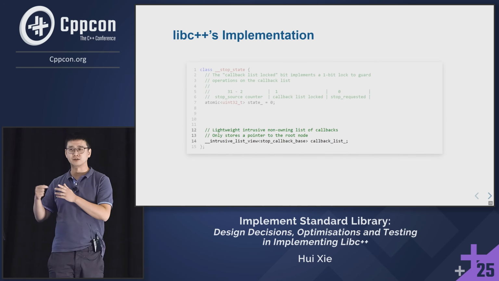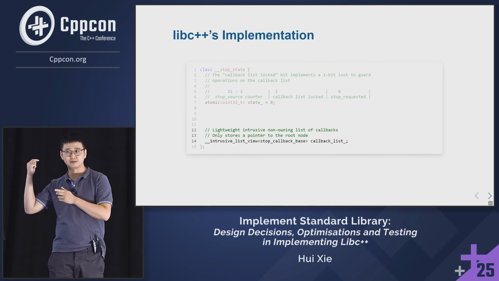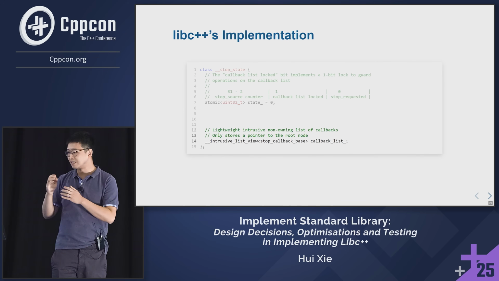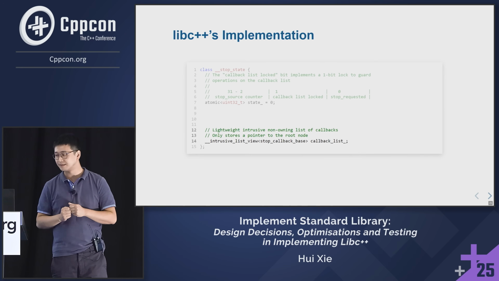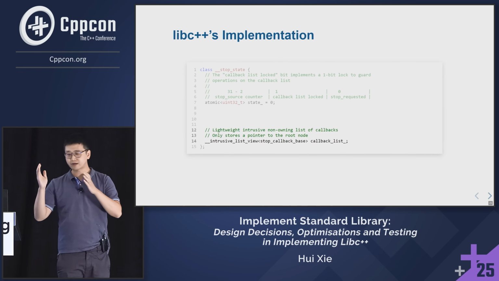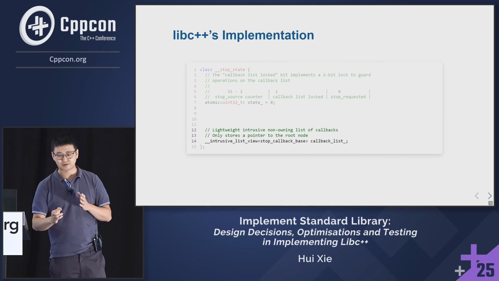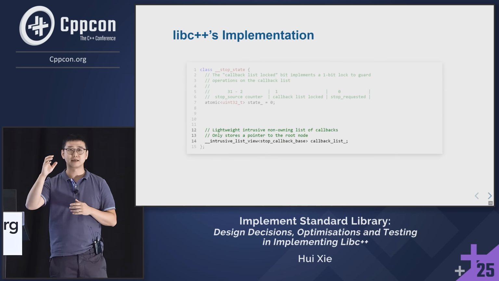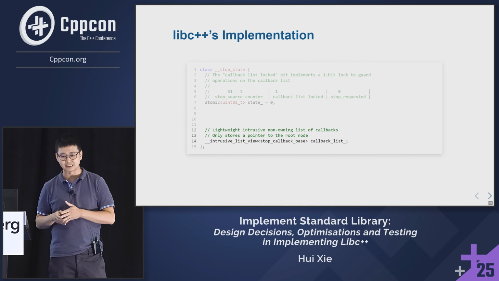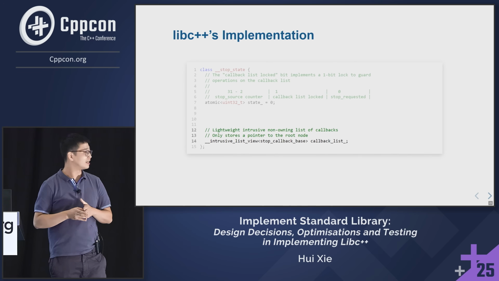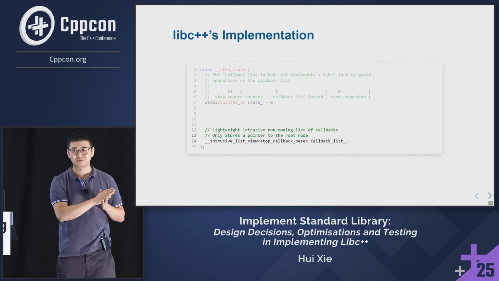Each node stores a pointer to the previous and next node. For this lightweight class, it only holds a pointer to the root node. If we look at this class, we got a 4-byte integer at the beginning and an 8-byte pointer at the end. And what you can notice is there is a hole in the middle. What is that?